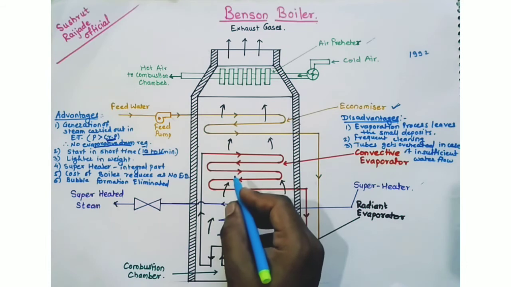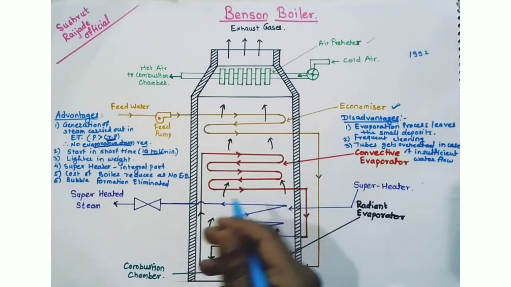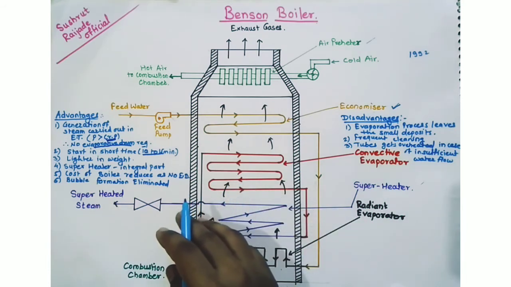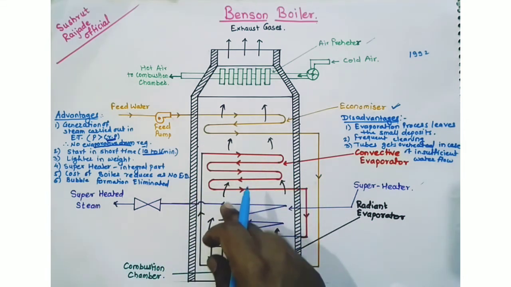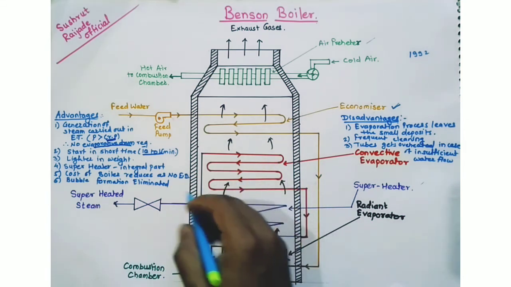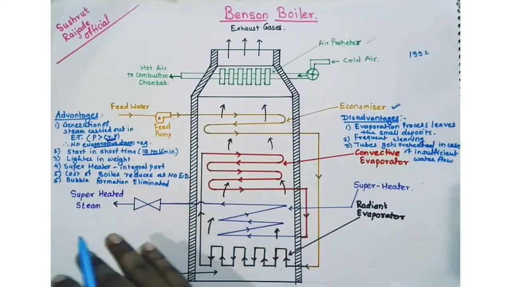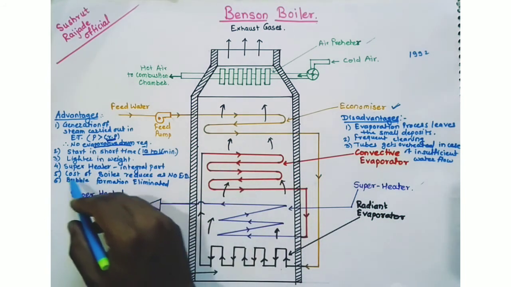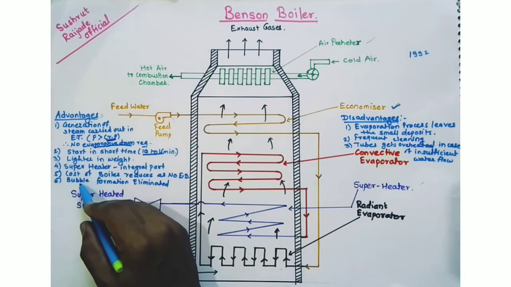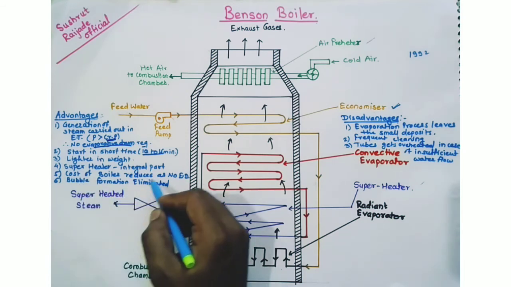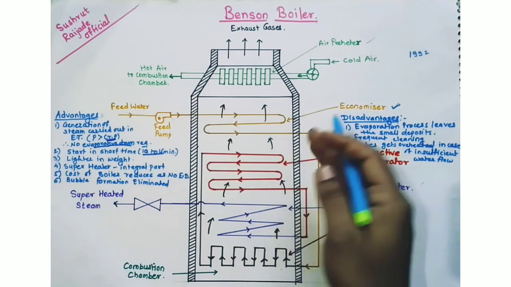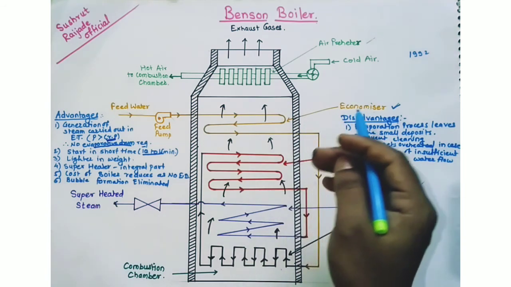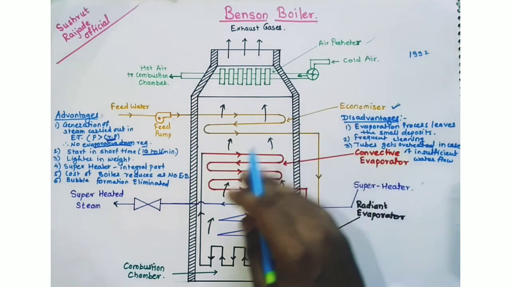In the case of the Lamont boiler, the evaporative drum is required, but in the Benson boiler the cost reduces because no evaporative drum is used. The sixth advantage is that bubble formation is eliminated, as Benson increases the pressure up to the critical pressure, that is 225 bar.